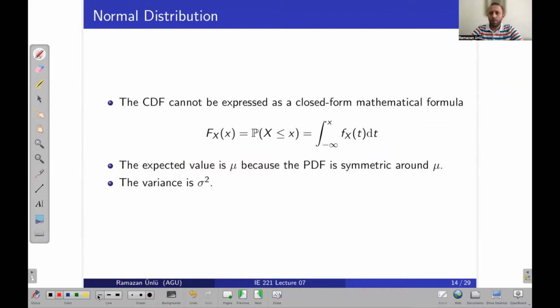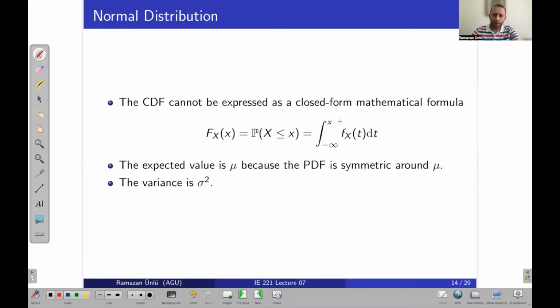As you remember from the previous lectures, we can derive the CDF, the cumulative distribution function, from the PDF, and vice versa. How can we do that in the continuous case? We can just integrate the PDF of the distribution over all possible values.